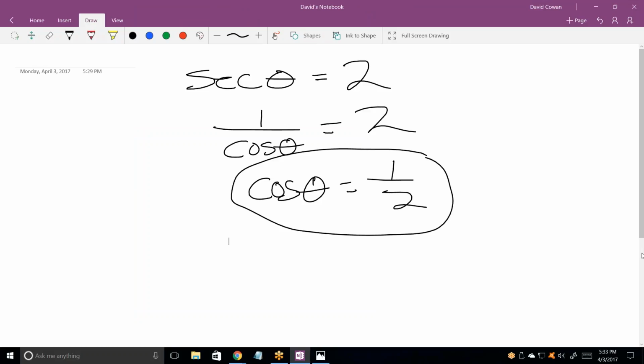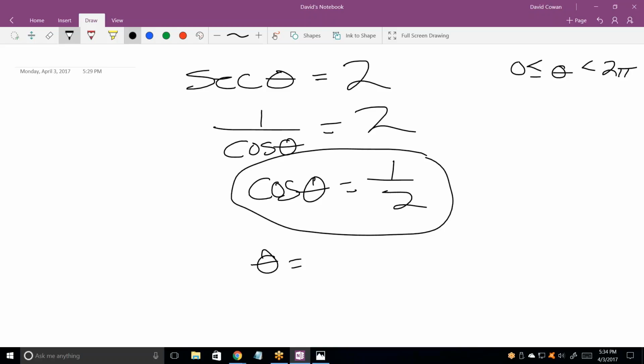Okay, so if theta has to be between 0 and 2 pi, where does that happen? Where the cosine of theta equals 1/2? There's going to be two quadrants where the cosine of that angle is equal to 1/2.